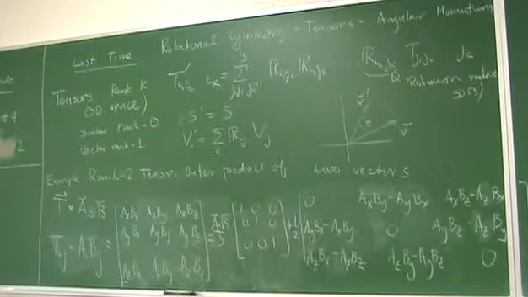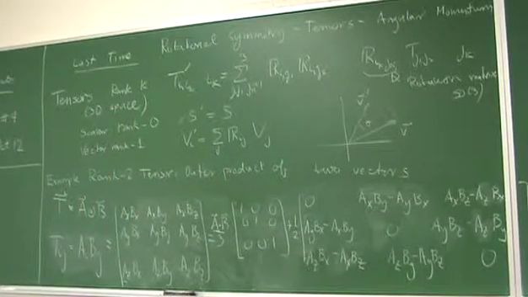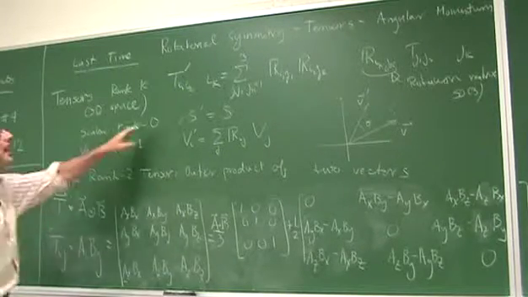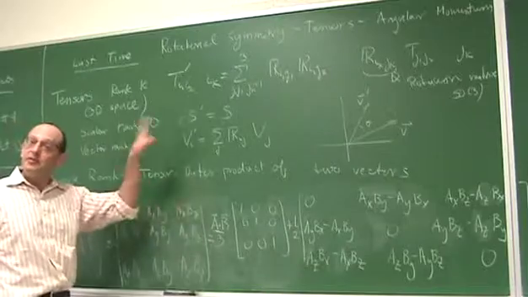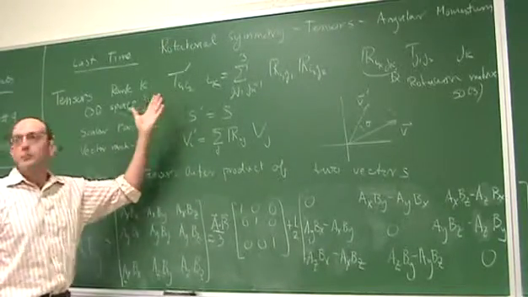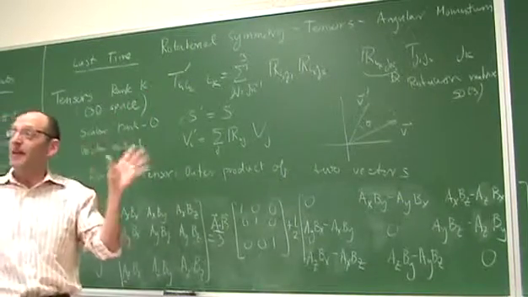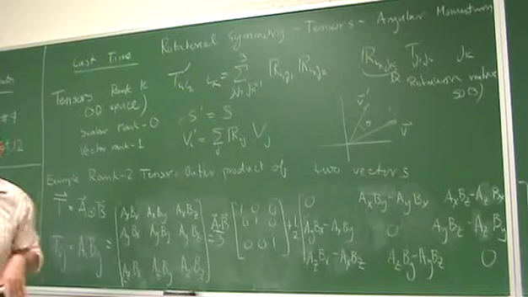At this point, I'm not talking about quantum mechanics at all. I'm just talking about rotations and tensors. At the moment, just a reminder, these tensors, let's just think about them as numbers, not operators. But we're going to talk in a moment about tensor operators.